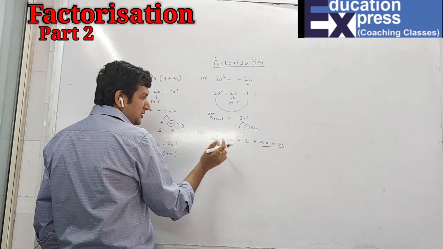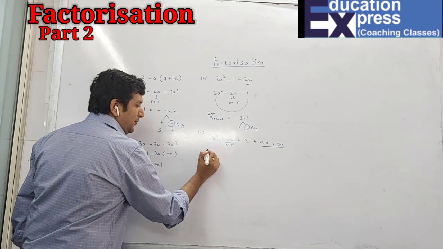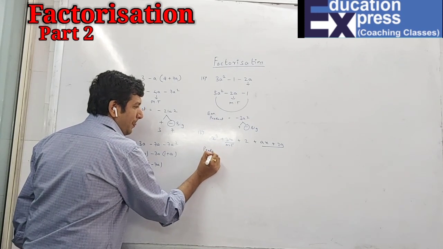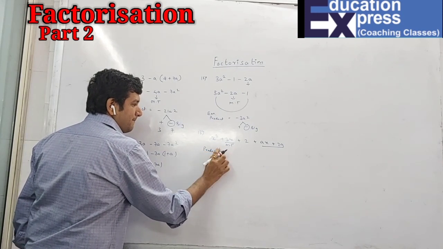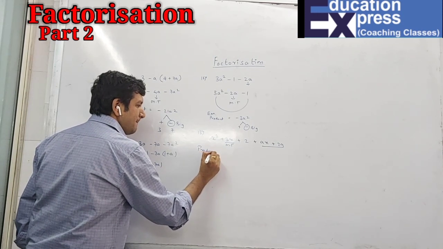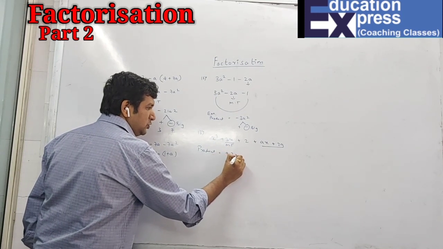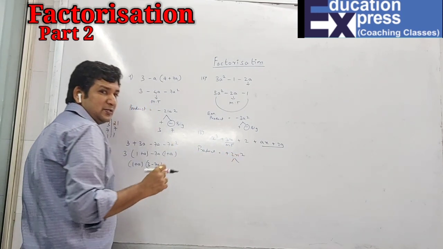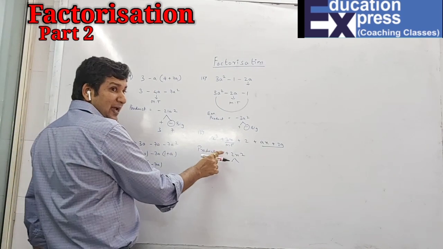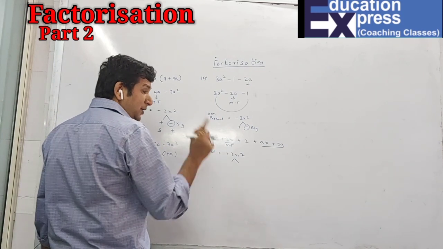So first I'll split. These 3 terms, if I concentrate, this is my middle term. The product with the extremes is x square into this, which is plus 2x square. Plus means addition. Addition depends on whether both get plus or minus sign, and that depends upon the middle term.